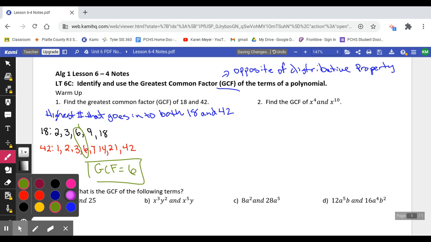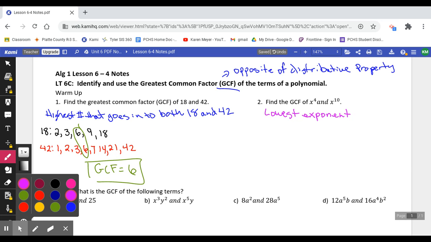Okay, so now instead of numbers, let's talk about letters. So variables with powers. Whenever you have exponents or powers, the GCF is going to be the lowest exponent between the two.